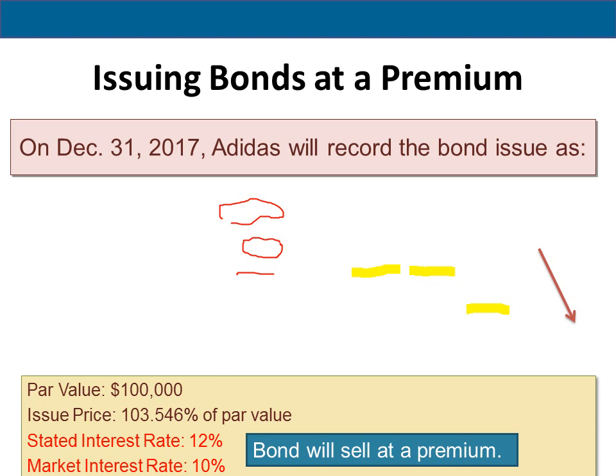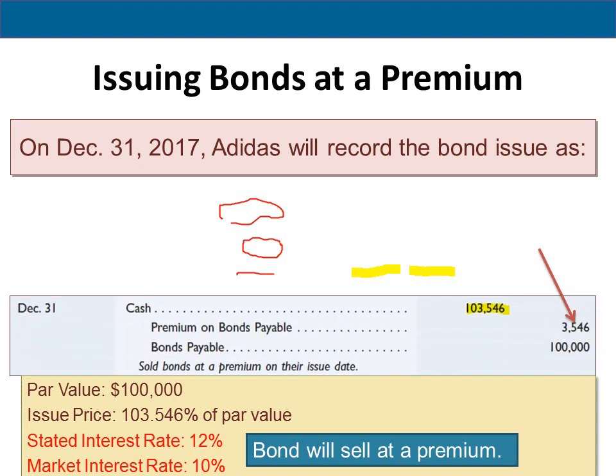So in this case, the company will receive cash not equal to the par value, not equal to the 100,000, but above the par value, which will equal $103,546. This will be cash received upon issuance. So if the company now would like to record this, then the company will make this journal entry.